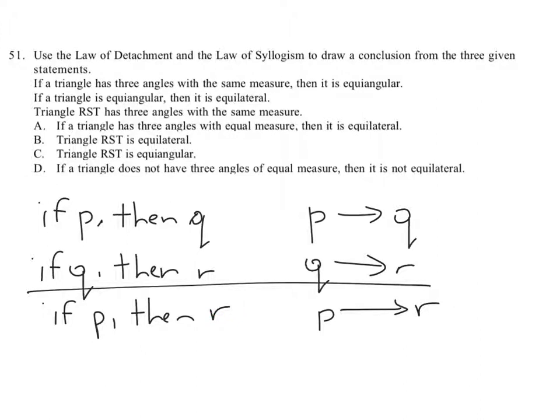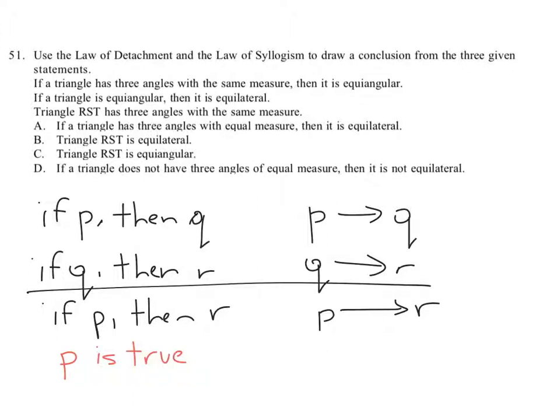And then they say, now we're going to tell you a statement of fact. We're going to tell you P is true. Okay. Well, this says if P. Well, now we know, yeah, P. We're in a situation where P is the case. Then we know that Q is the case. And if we know that Q is the case, which we do, then we know that R is the case.